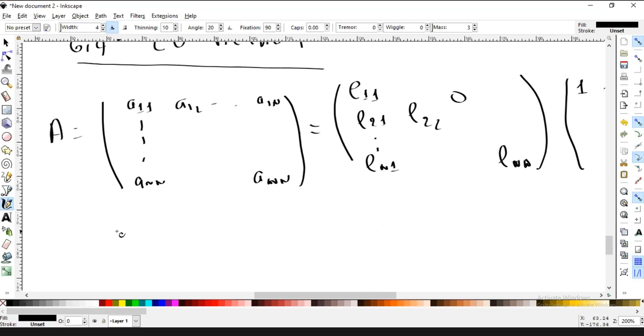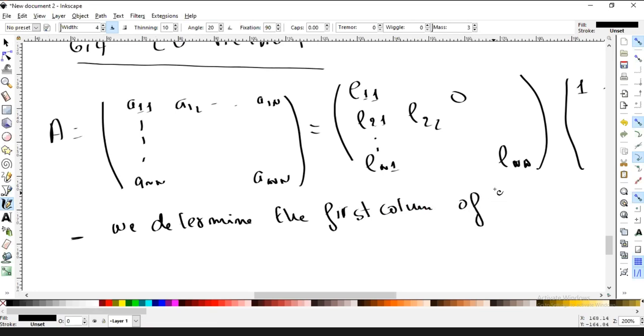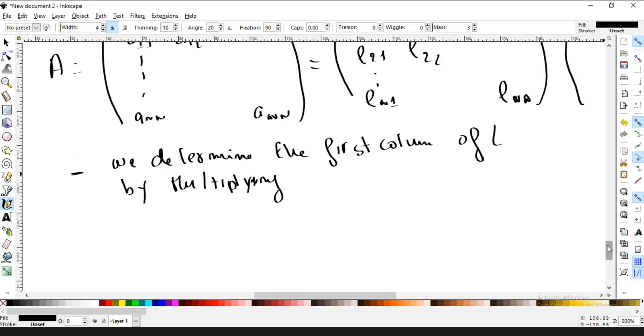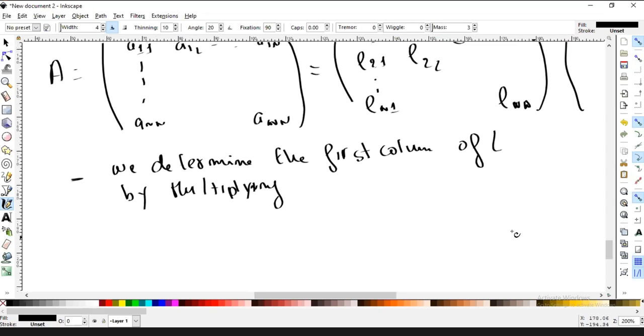First we determine the first column of L by multiplying L by the first column of U.